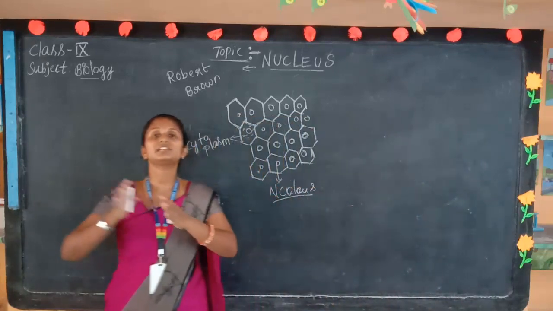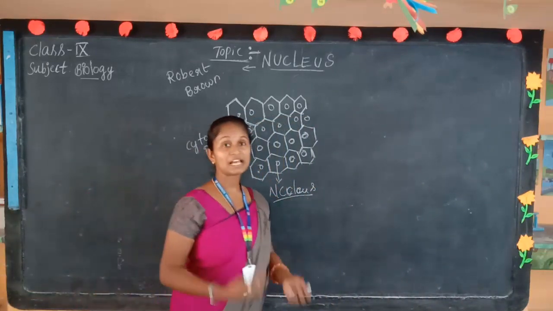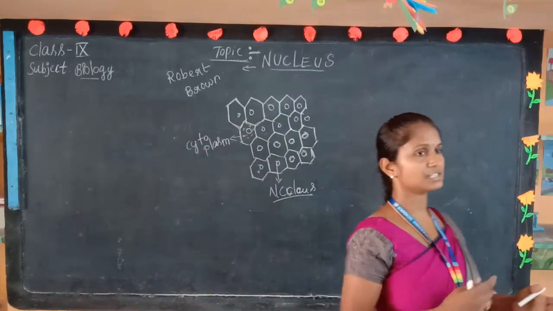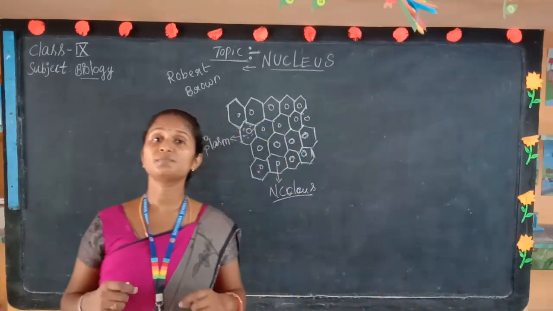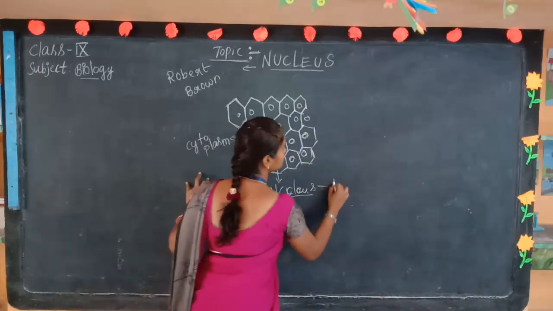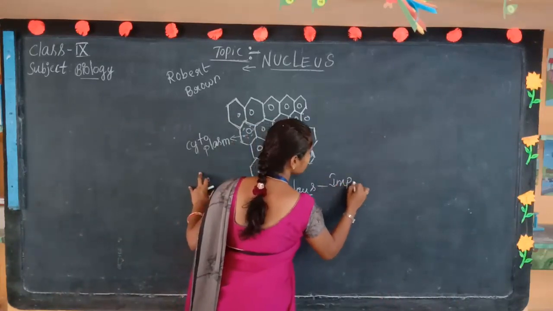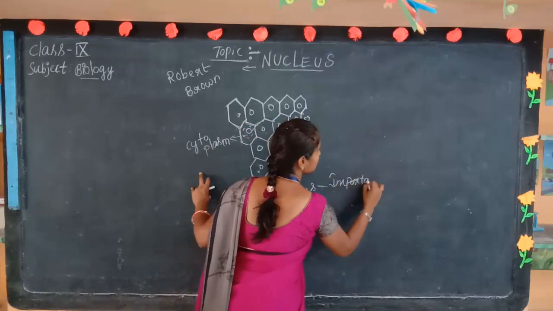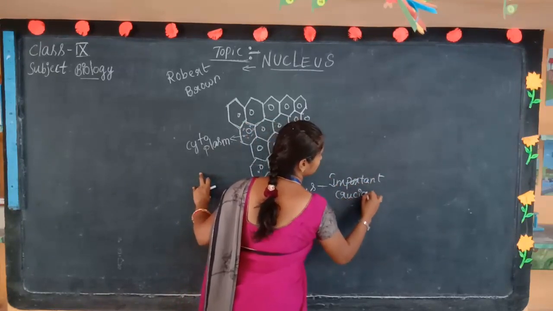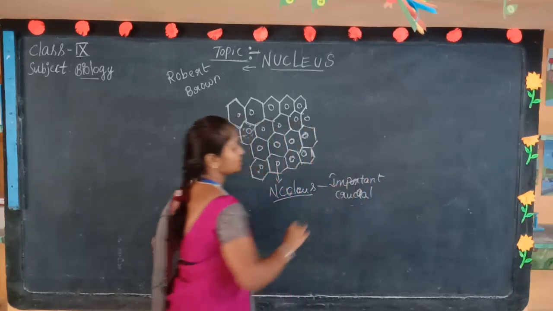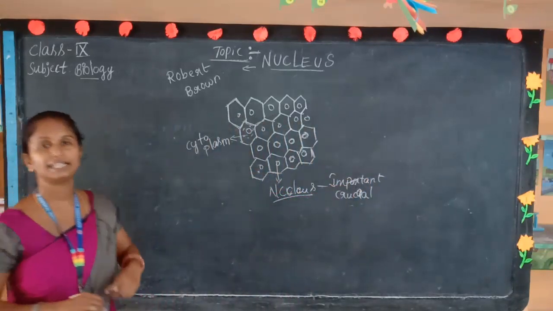He extended the experiment to plant cells, living cells, dead organisms, and dead plants, and he concluded that the nucleus plays an important role and is very crucial for a cell to perform cell division.